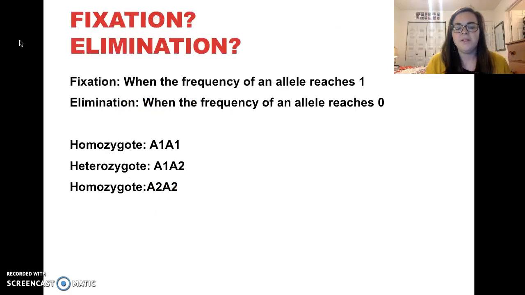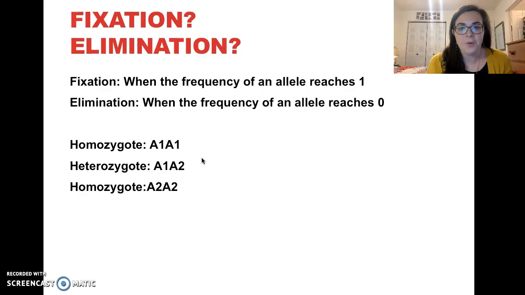So the fixation and elimination aspects, what exactly do those mean? Fixation is simply when the frequency of an allele reaches 1, and elimination is when the frequency of an allele reaches 0. So when you are in a population and the conditions are favorable for genetic drift to occur, of course, you've got your homozygote individuals and your heterozygote individuals.